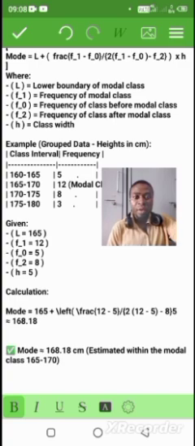Then we divide by 2 times the frequency of the modal class, which is 12, minus the frequency of the class before, 5, minus the frequency of the class after the modal class, which is 8, then times the class width, which is 5. When you do all the maths, we find that the answer is 168.18, and that will be our mode.